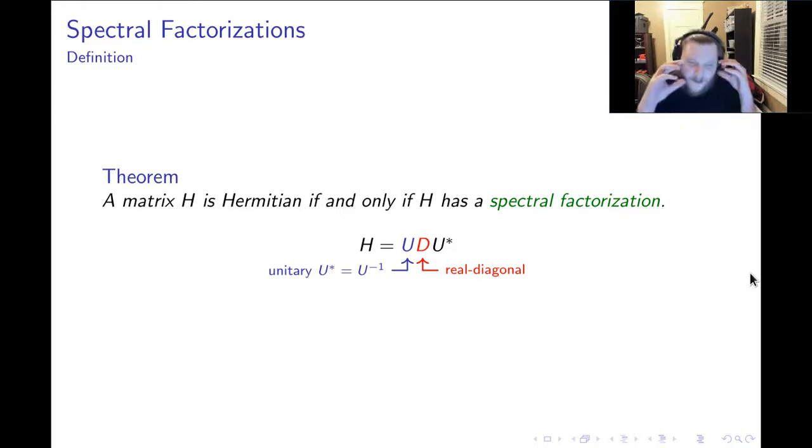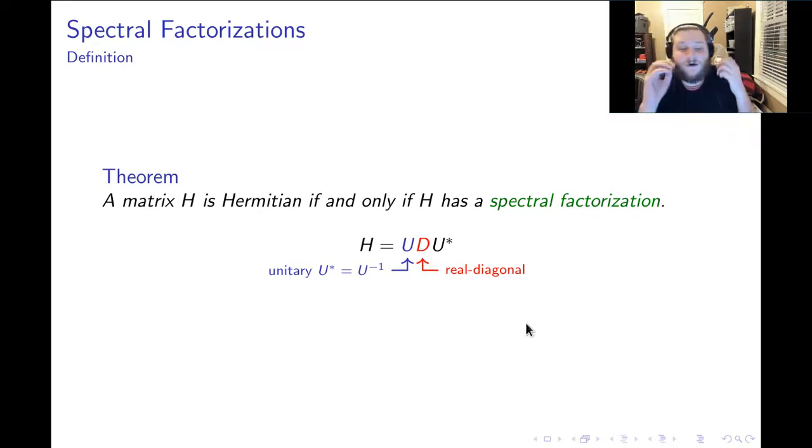If you think about what the parts of the spectral theorem are saying, well, if every Hermitian matrix is diagonalizable, it means that it's possible to diagonalize every Hermitian matrix. But we also know that the eigenvalues of a Hermitian matrix are real. So when we diagonalize a Hermitian matrix, D will have a real diagonal.